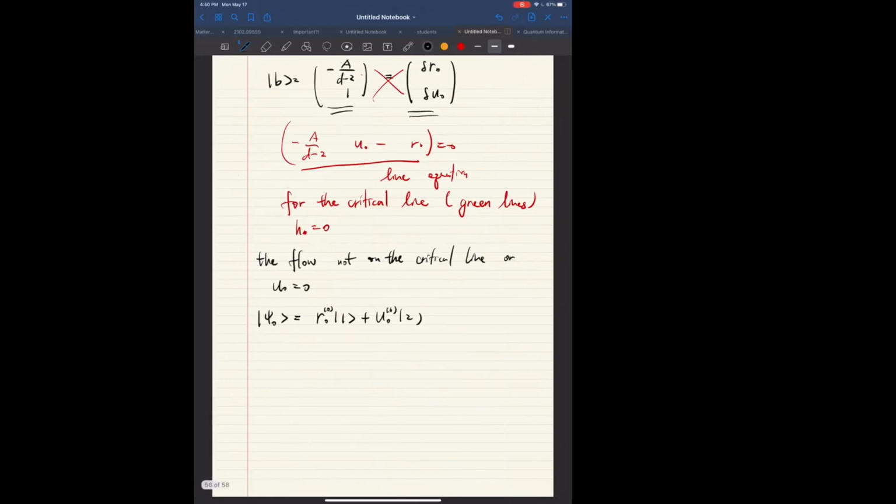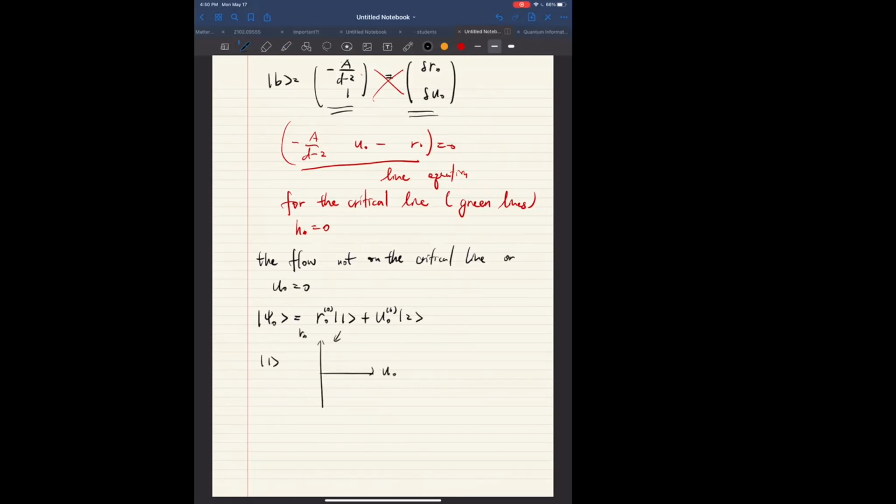So recall, A is the eigenvalue 1, 0, and B, sorry, I'm writing things wrongly. Okay, so what is the 1 vector here? This is R0, this is U0.